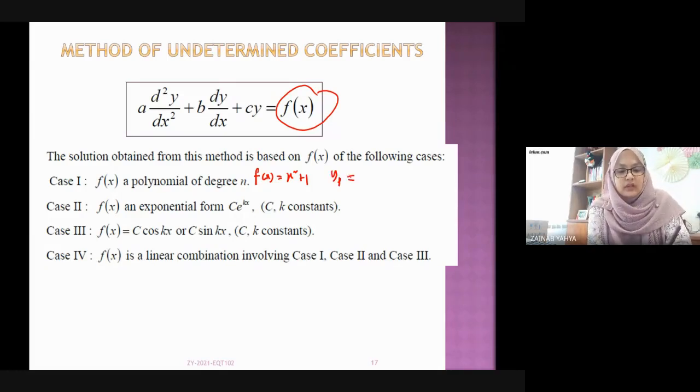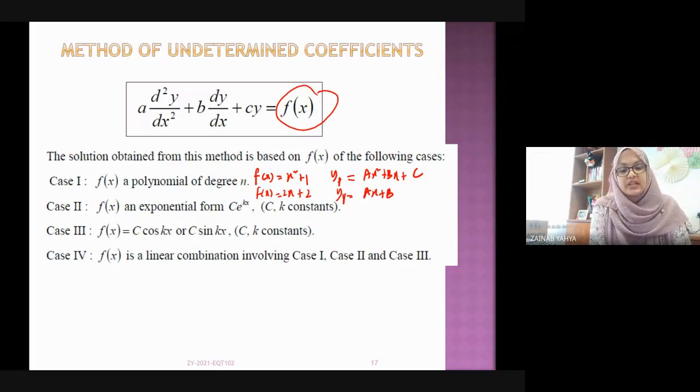Yp will be what? Ax squared plus bx plus c. If f(x) equals x plus 2, for example, then yp is ax plus b only.